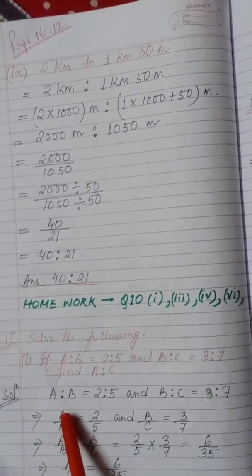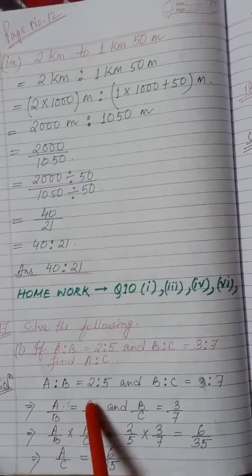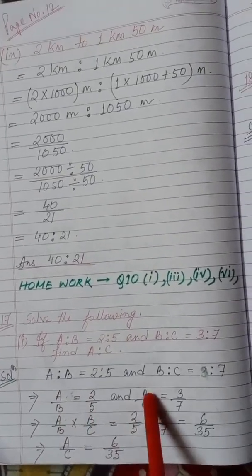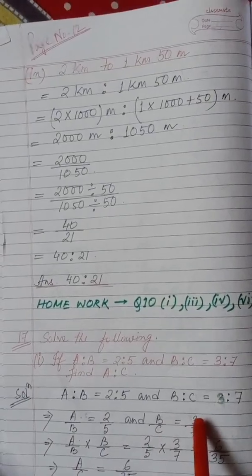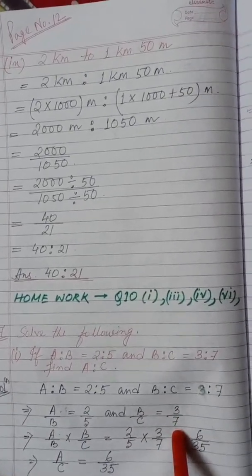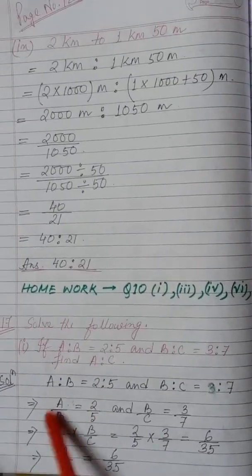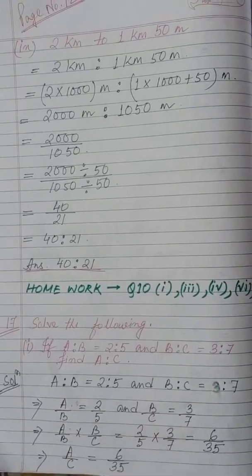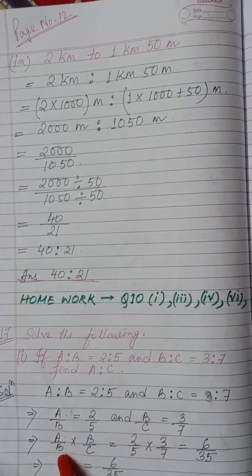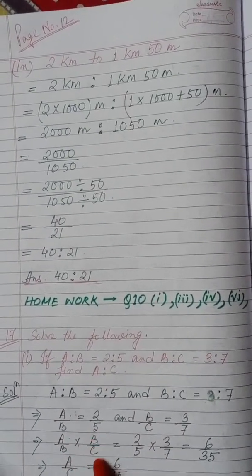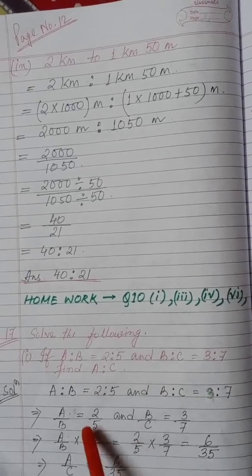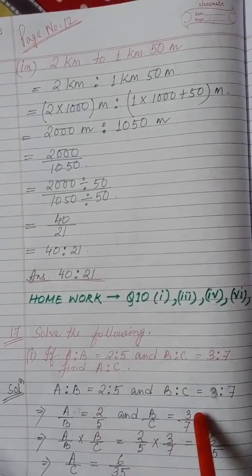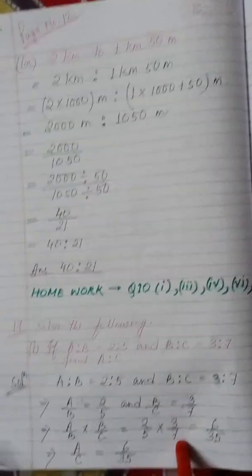That implies A by B is equal to 2 by 5 and B by C is equal to 3 by 7. Now we multiply both the ratios. Then A by B into B by C is equal to 2 by 5 into 3 by 7.